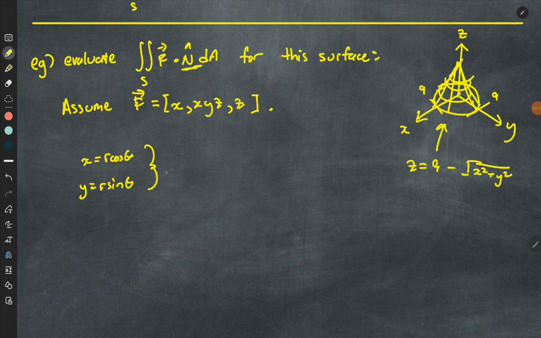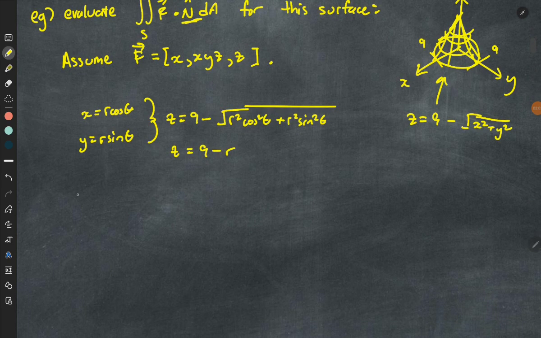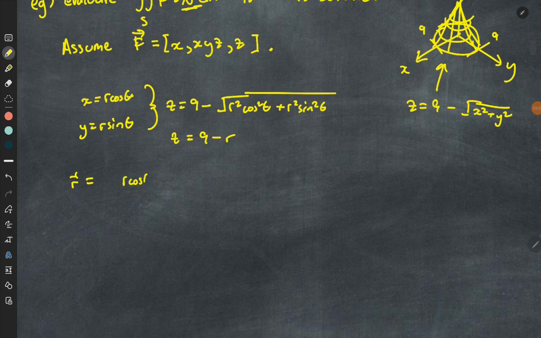And that just makes z equal to 9 minus the square root of r squared cos squared theta plus r squared sin squared theta, and this just works out to be 9 minus r. So our surface becomes r cos theta, r sin theta, and 9 minus r.